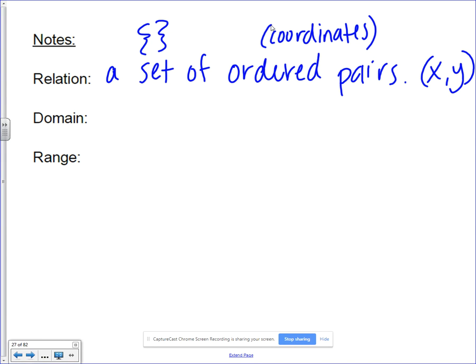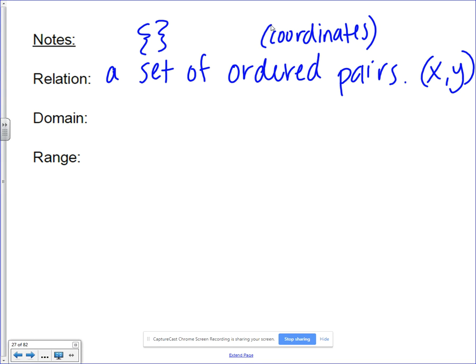Now, domain, I actually mentioned to you about a week ago, and I told you to keep it in the back of your head when we did those chart problems. You remember those big tables that we did with the input and the output? Well, I told you that domain was one of those. Do you remember what domain is? The left side is correct.